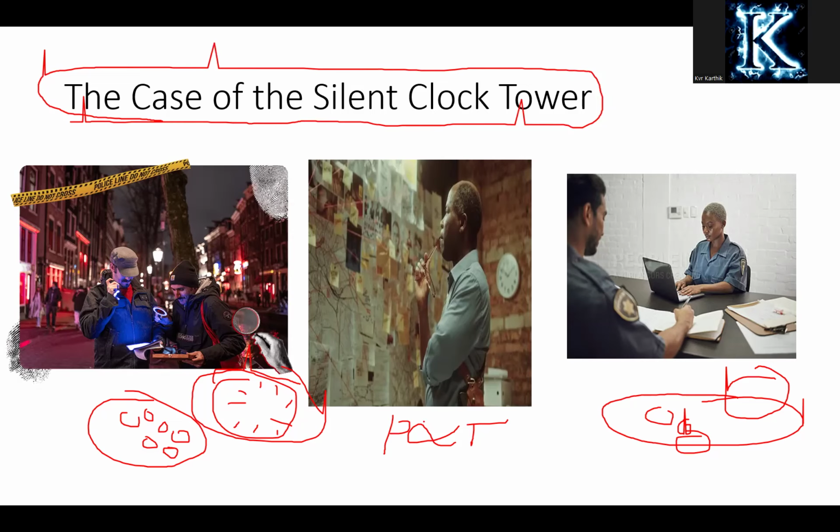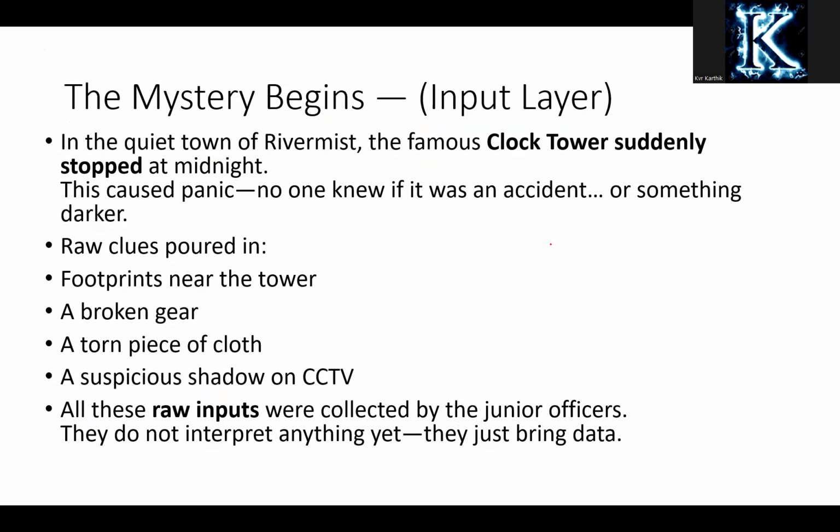Now in this basic investigation process, we need to take some raw inputs. So what are the inputs that we are going to train? People who met with that clock or went to that room are to be identified first.